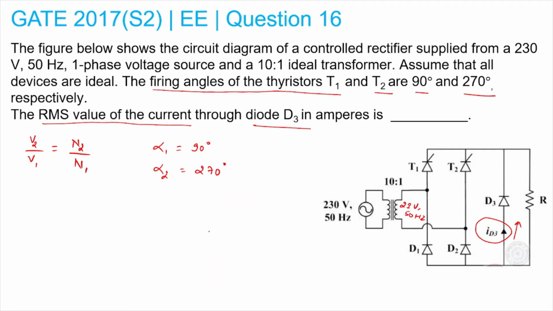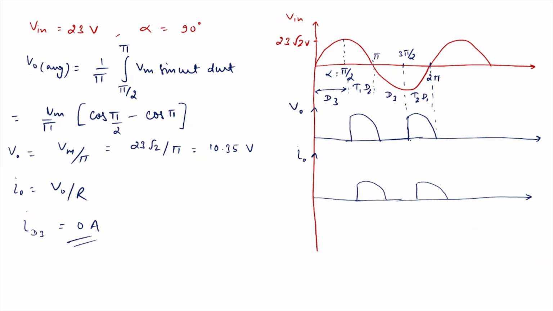To solve this, first of all, we should calculate the duration for which D3 is conducting, and we have to know the current that is flowing through the load, that is I naught. So both currents we have to calculate. For that purpose, I have drawn the waveform. You can see this would be the waveform of V in.